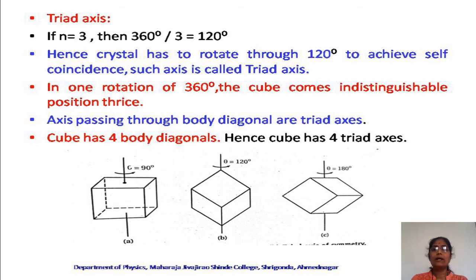We know that the triad axis passes through the body diagonal, and a cube has 4 body diagonals. Therefore, the number of triad axes comes out as 4. Figure B shows such type of triad axis where we have rotated the crystal through 120 degree for self-coincidence.